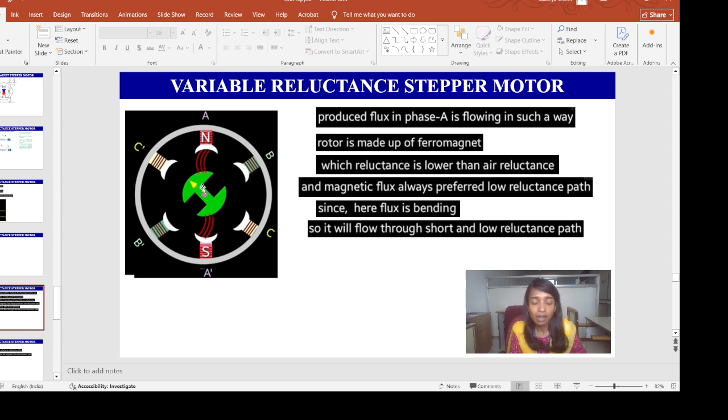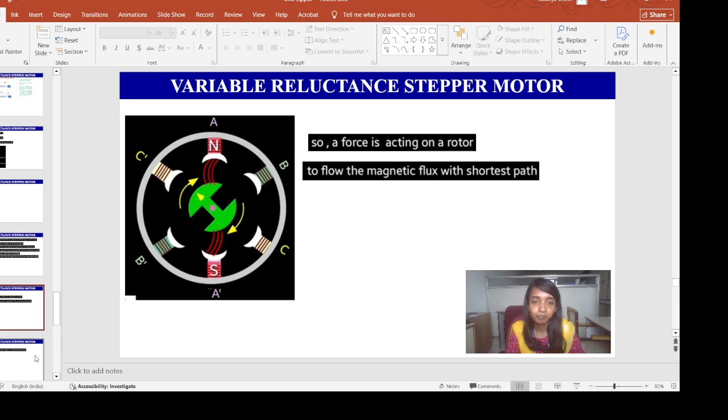And as mentioned earlier, the magnetic flux will prefer the minimum reluctance path, where the gap is minimum. Now the reluctance of this ferromagnetic material is lower than the reluctance of the air.